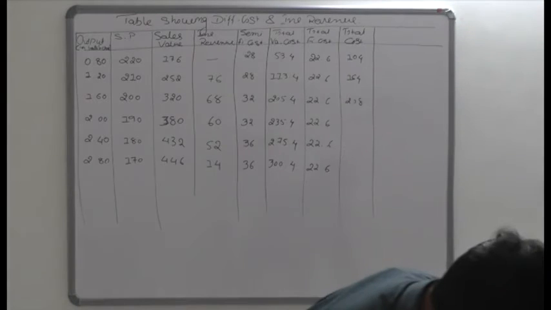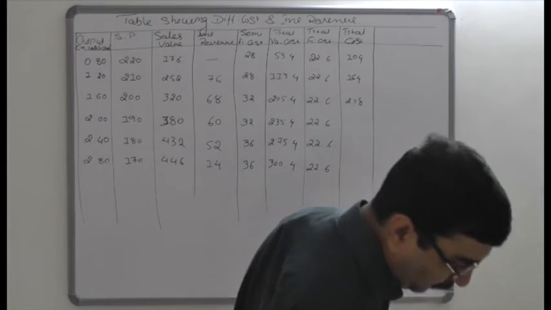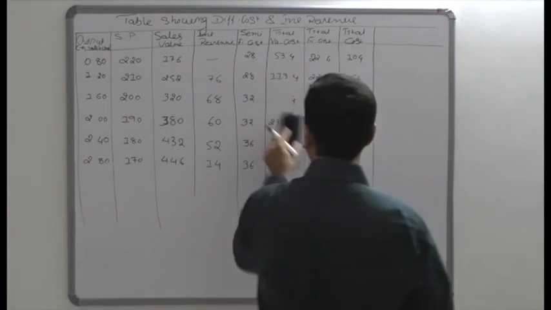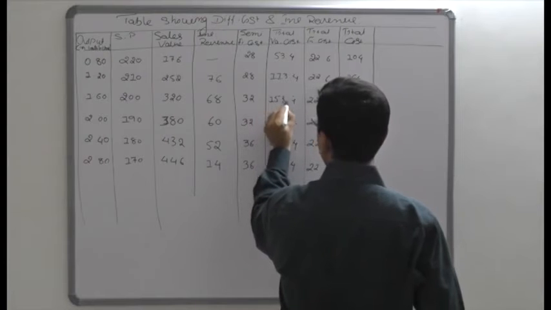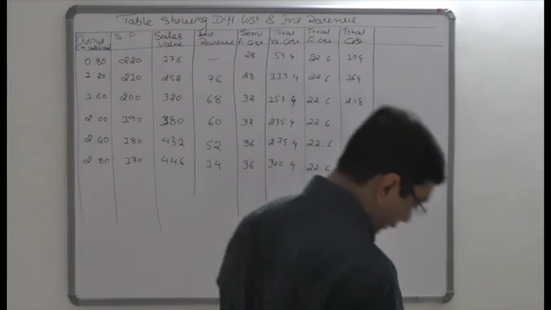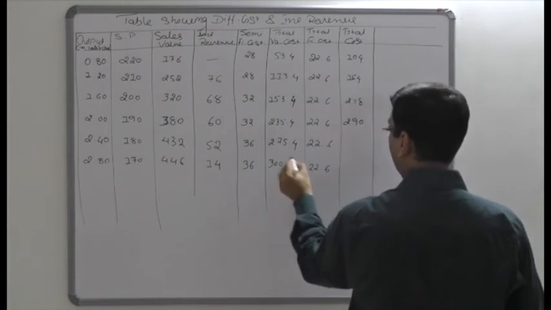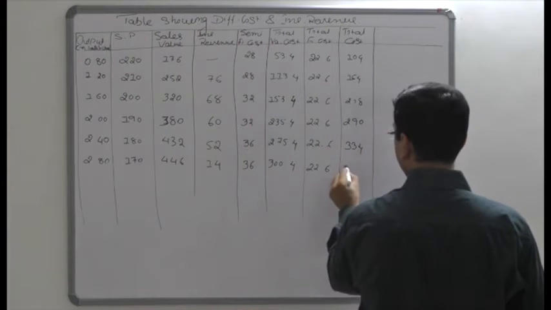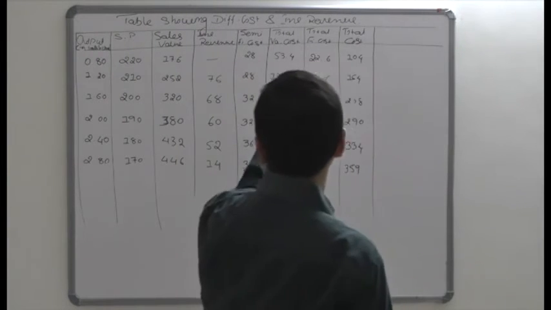This is something wrong, so let me make a correction here. The correction is 153.4, and that's why it comes to 208. Then the next is 290. Then the next is 334, and the last is 359. So in this way the total cost comes.